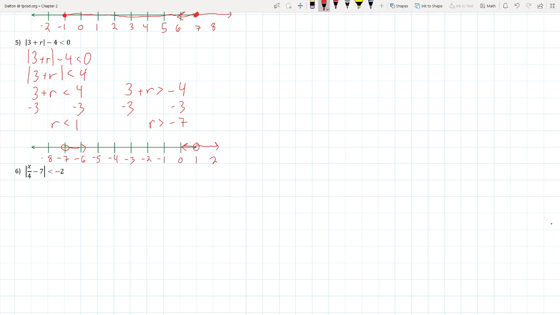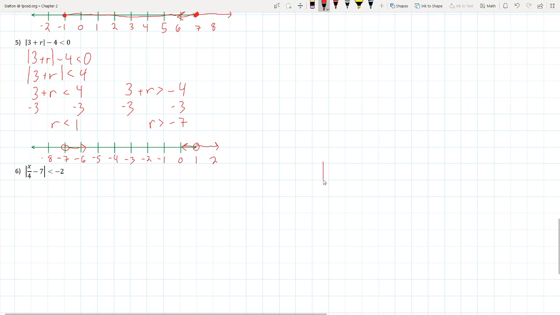Finally is number 6. Number 6 is one of the ones that you want to keep your eye out for whenever you're doing this. The reason why is we're trying to do the absolute value of a negative number.